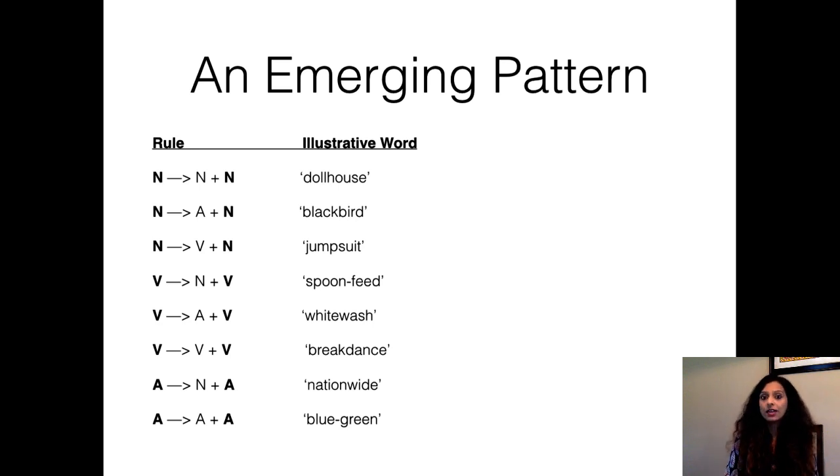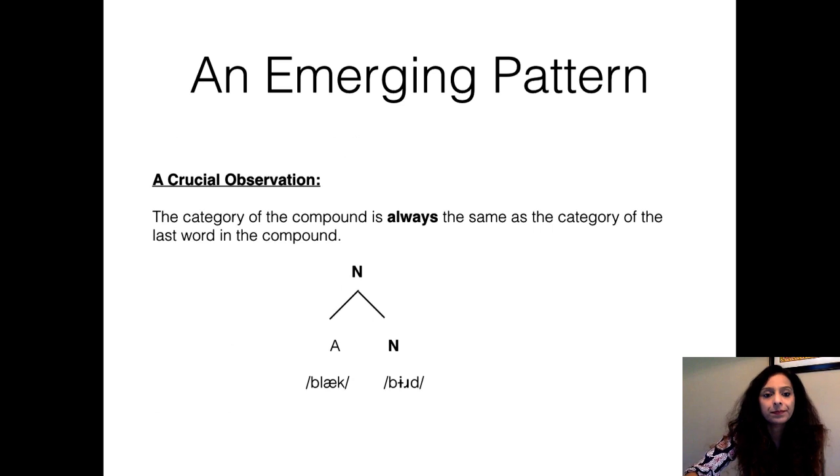But in an adjective-noun compound, the resulting word is a noun, not an adjective. So you can see that the category or the part of speech of the word that is derived by the compound is actually the same part of speech of the second word of the compound, right? So in this case, house, bird, suit, feed, wash, dance, wide, and green.